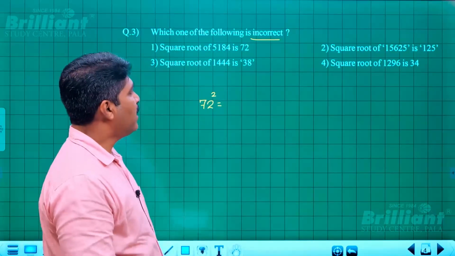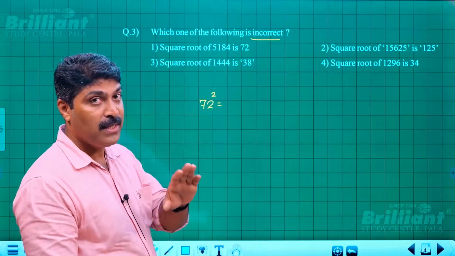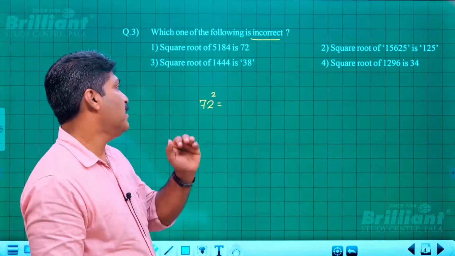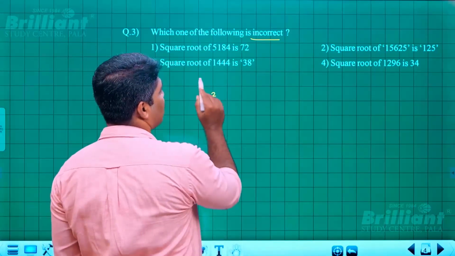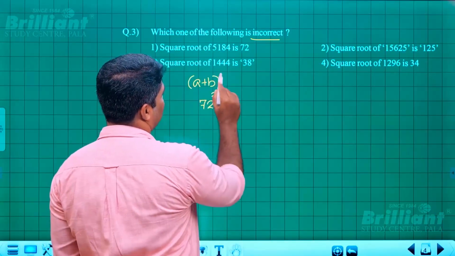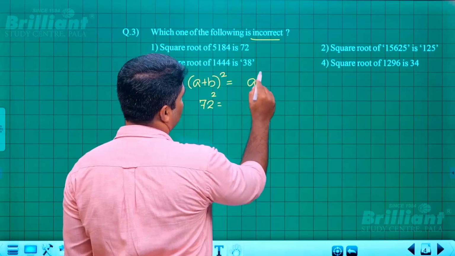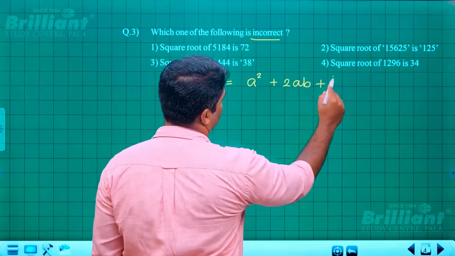I will teach you an easiest way to find the square of numbers by using the expansion of the identity a plus b the whole square. Here we know that a plus b the whole square is a square plus 2ab plus b square.